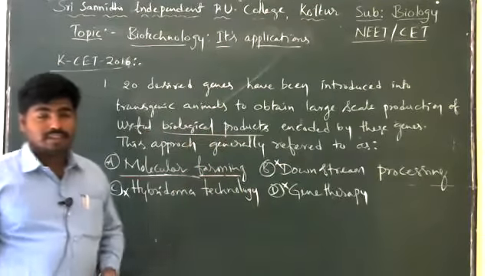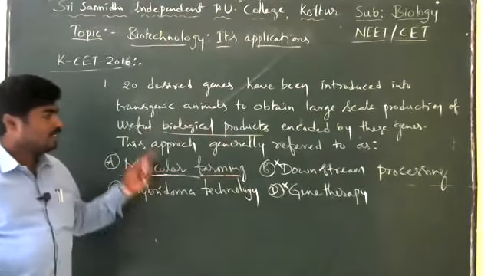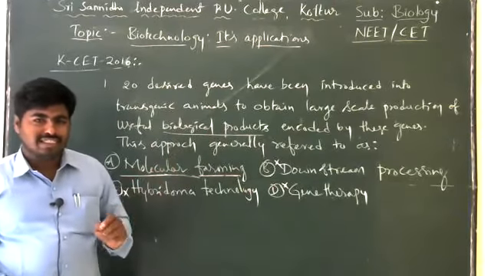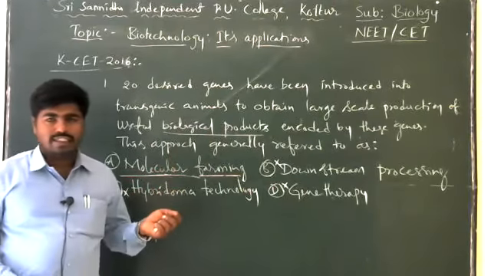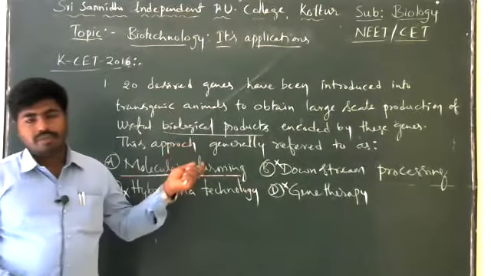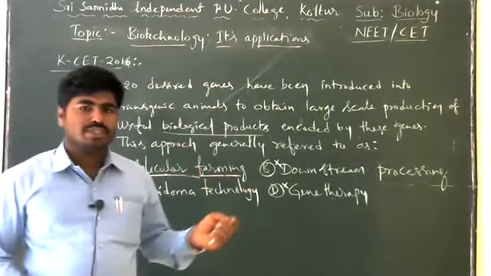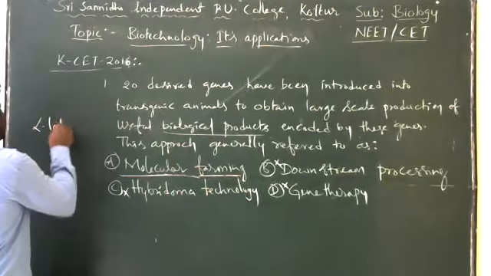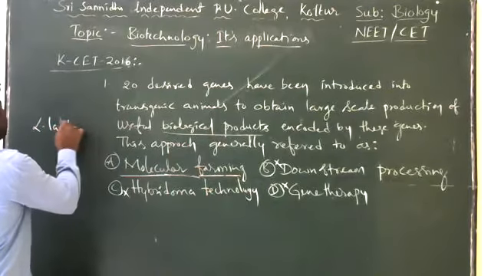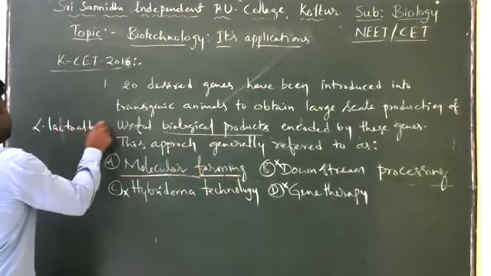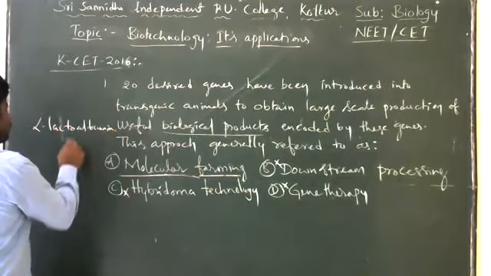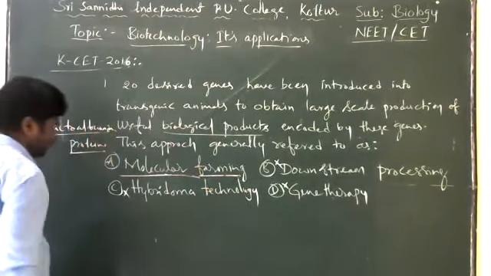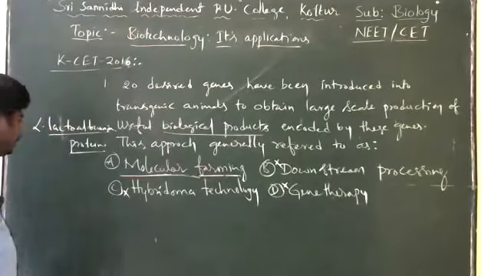So there are examples. One of the transgenic animals is Rosie, the first transgenic cow. The transgenic cow can be used for production of human alpha-lactalbumin, a protein.